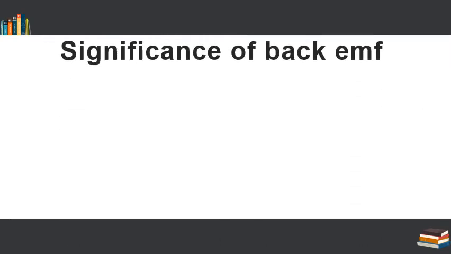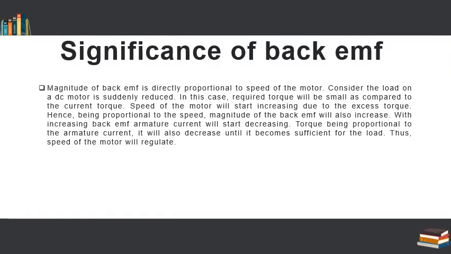The next topic is the significance of back EMF. The magnitude of back EMF is directly proportional to the speed of the motor. Consider the load on a DC motor is suddenly reduced. In this case, the required torque will be small as compared to the current torque. The speed of the motor will start increasing due to the excess torque.